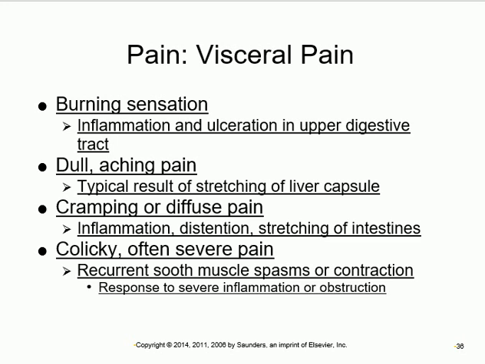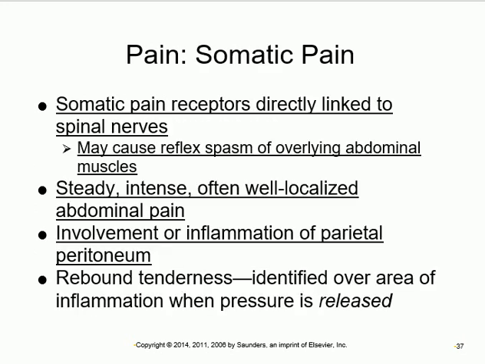Try again. Let me try to push it. It's obstructed. Let me try to overcome the obstruction and push it forward. Okay? So this is for the visceral pain. Somatic pain, on the other hand, usually has to do with the spinal nerves, and this would be well localized. Remember that the visceral is ill localized.